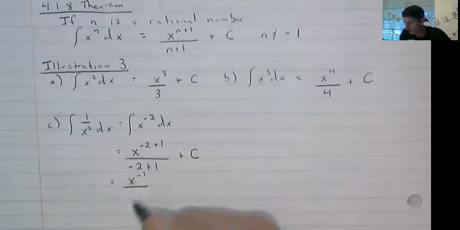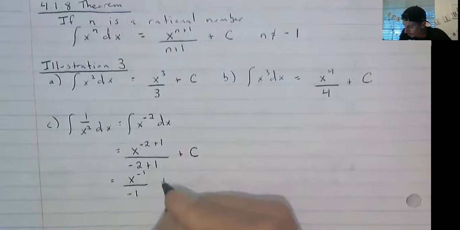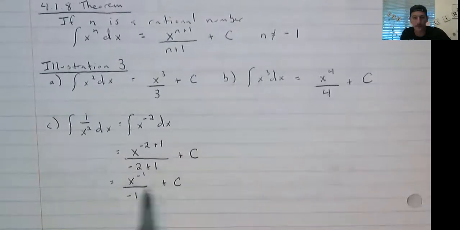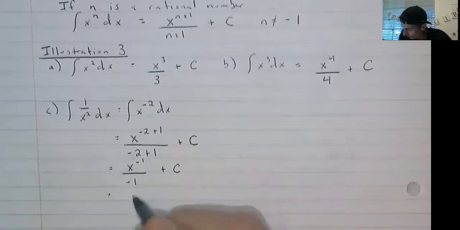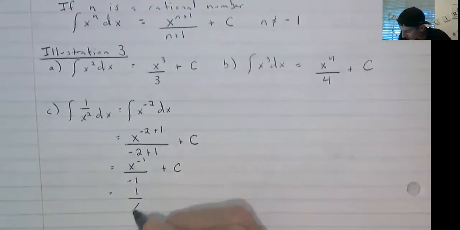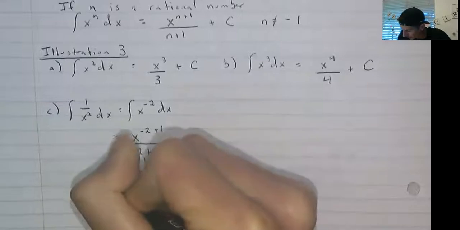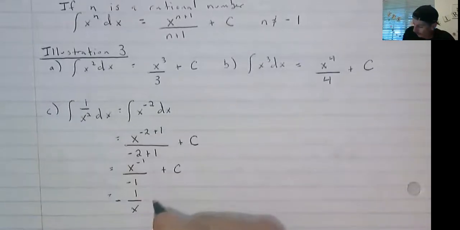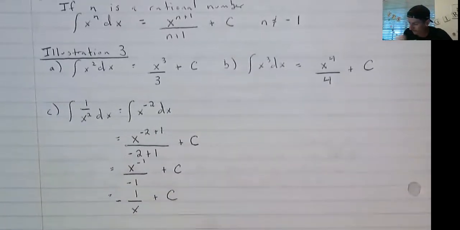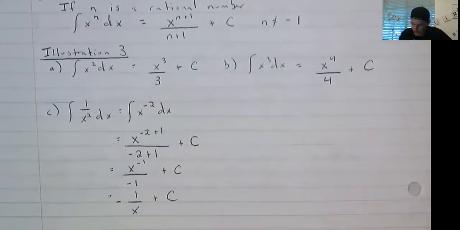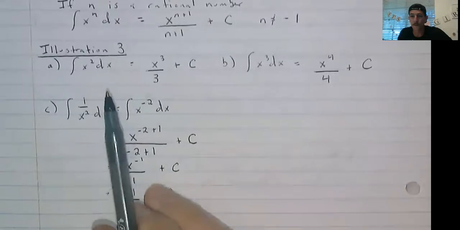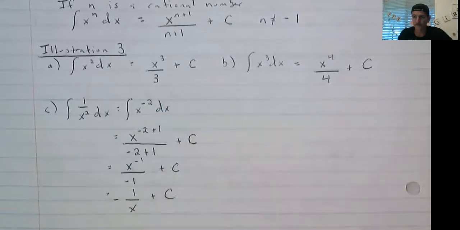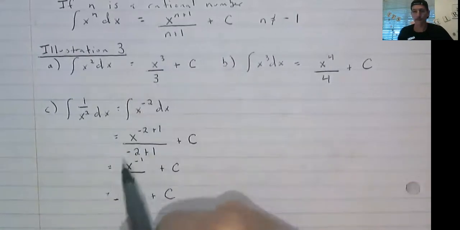Down here, we also get negative 1. And then just rearranging this so it's a little bit nicer, x to the negative 1 is, of course, 1 over x. We've got this negative out front. This is negative 1 over x plus c. So that's how we could turn rational functions into power functions, by making those exponents negative and then applying 4.1.8.